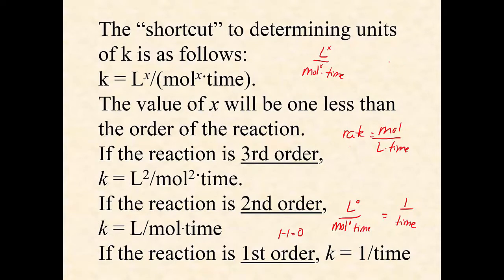So if it was a fifth order, you would say fifth order minus 1, so it'd be to the fourth, moles to the fourth times time. Okay, is this a shortcut that's worth knowing? Yes, it is, because it can help you figure that out. Like I said, that can be a point because they could ask you for the value of K.